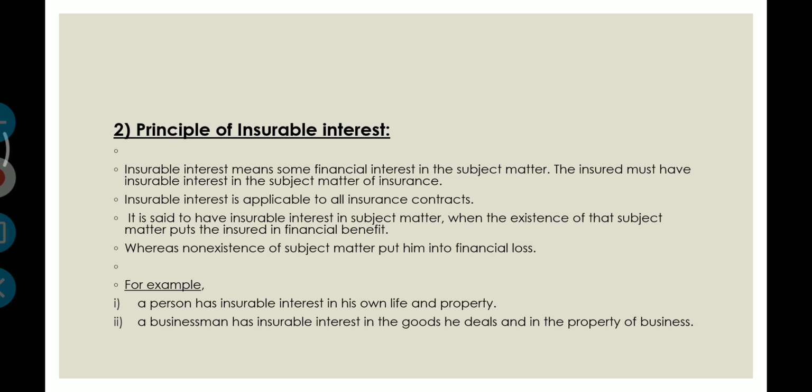For example, I can take an insurance of my house, of my car, of my goods, of my warehouse. I cannot take an insurance policy of anybody else's house, a neighbor's house, or a neighbor's factory, or a friend's office, or a friend's product. No. Why? Because if my house is burnt, I will have a financial loss.